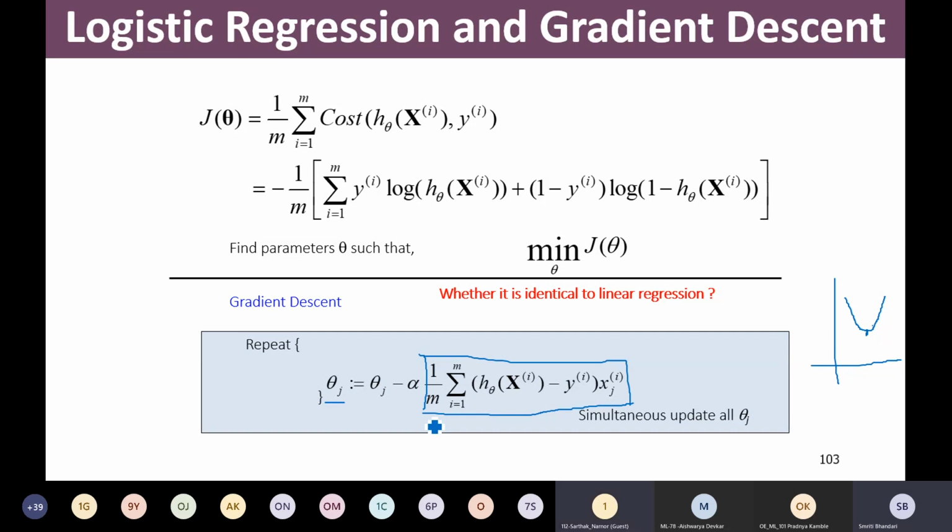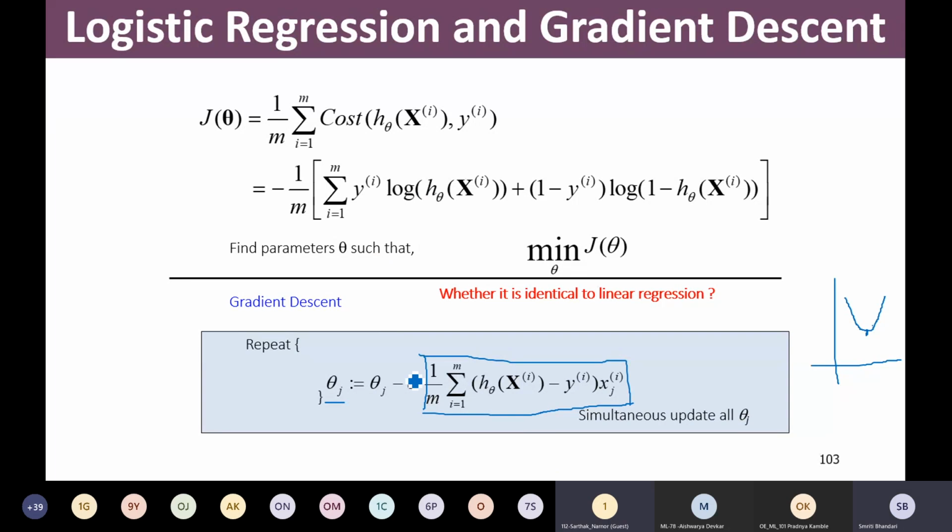Or are they different? They are different? Yes, ma'am. What would be the reason why they are different? Ma'am, the cost function we are using. The cost function is different, no doubt.